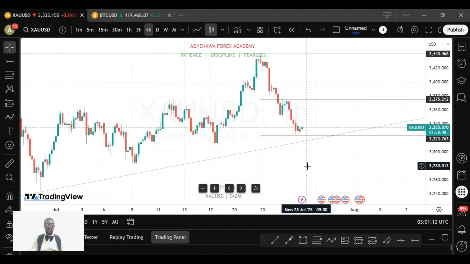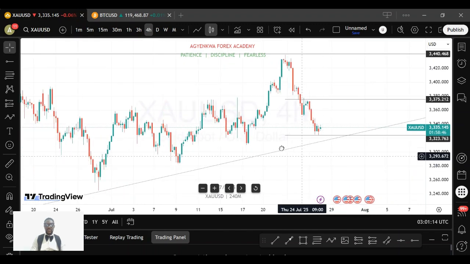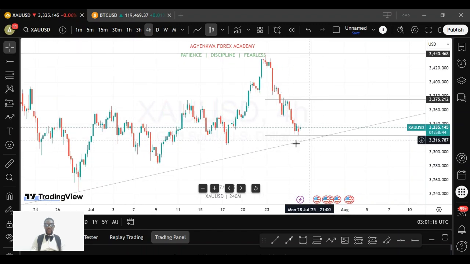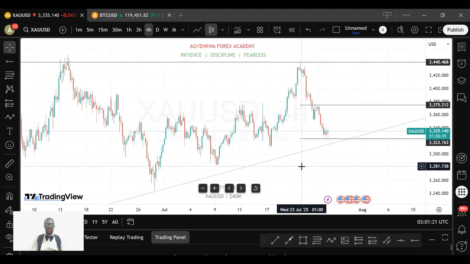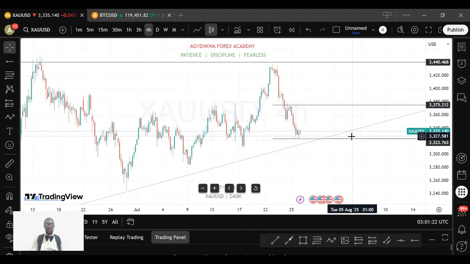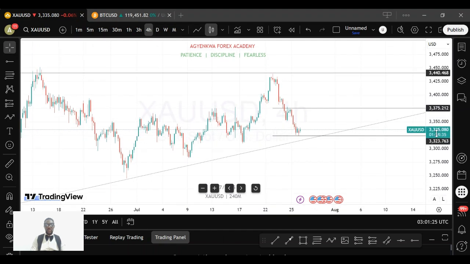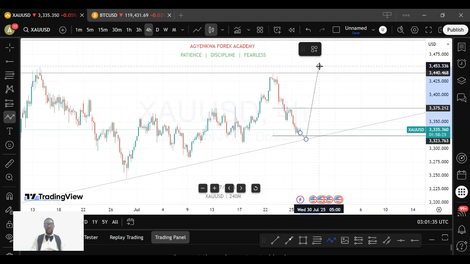Now in the 4 hour time frame, you see price reacting in this area here. And because our overall bias is bullish, we may be expecting gold to probably tap on the trend line and then boom, go to the upside.